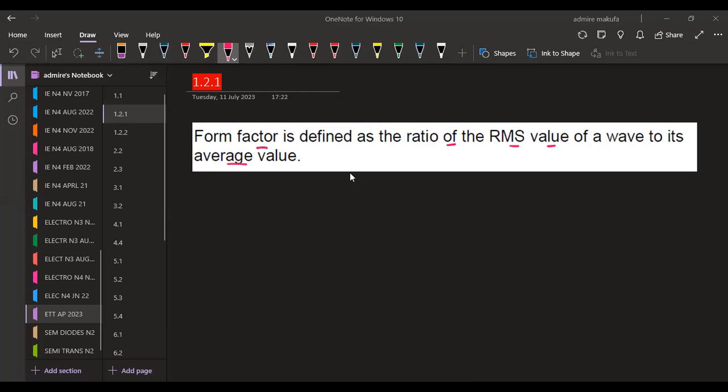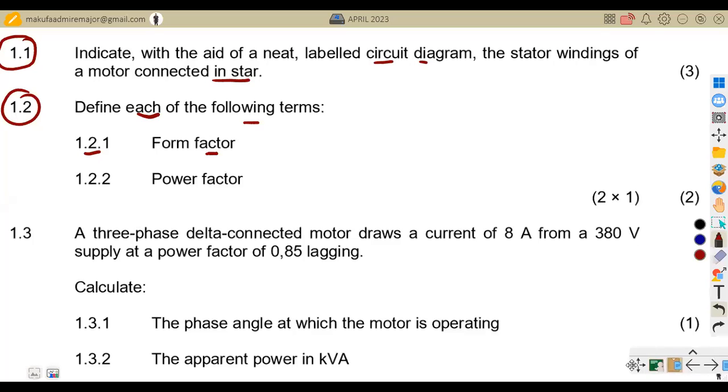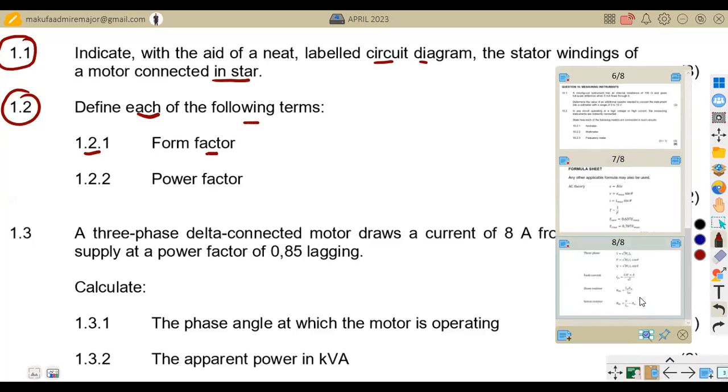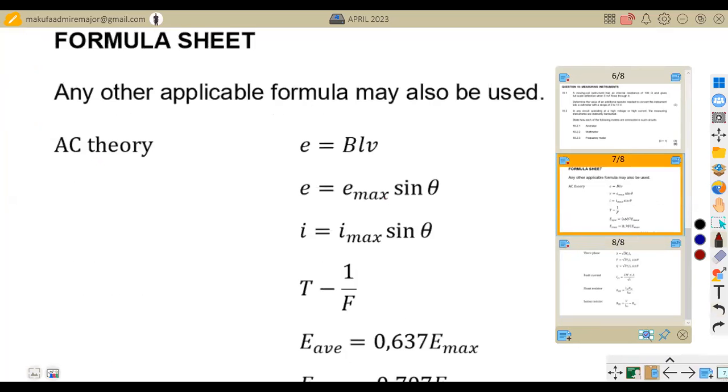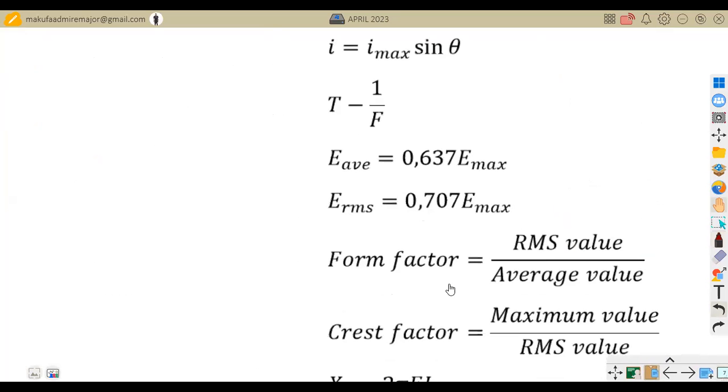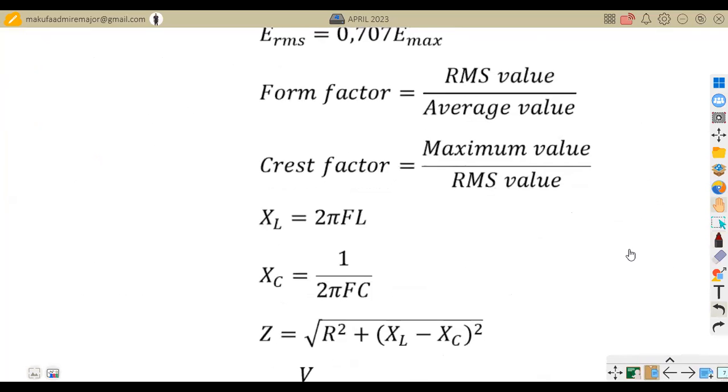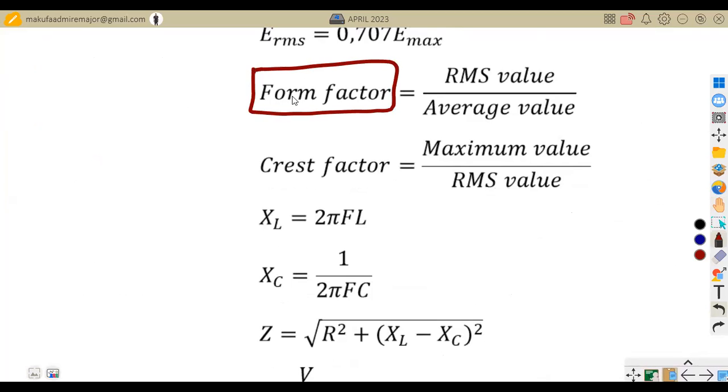In a condition that you have forgotten this part, what you need to do is refer back to your information sheet. We are already given these formulas. We have formulas in our formula sheet, so you can refer to that part in case you have forgotten, whereby we are already given that the form factor is the RMS value over the average value.